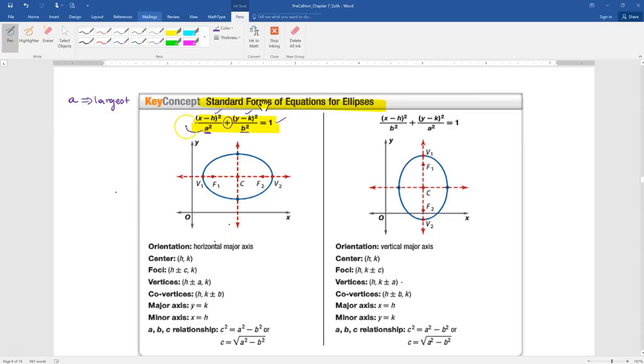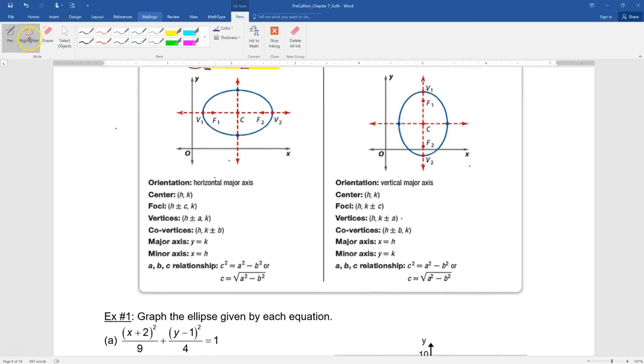And if A is in conjunction, or if it's next to the x, if it's combined to the x, then it's horizontal. Okay? Look at this one. A is with the y. That means it's longer on the y than it is on the x. So that's a vertical one. Do you see the difference? That is the only difference between the vertical and the horizontal. So whichever variable has the longer variable, that is the axis on which it's oriented. Okay.